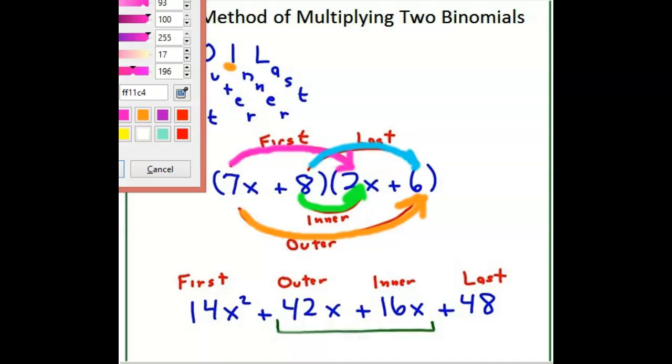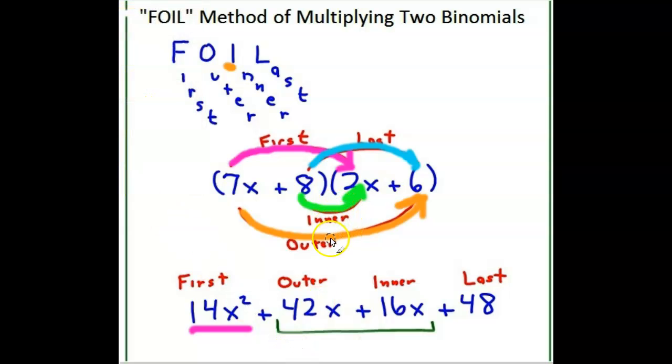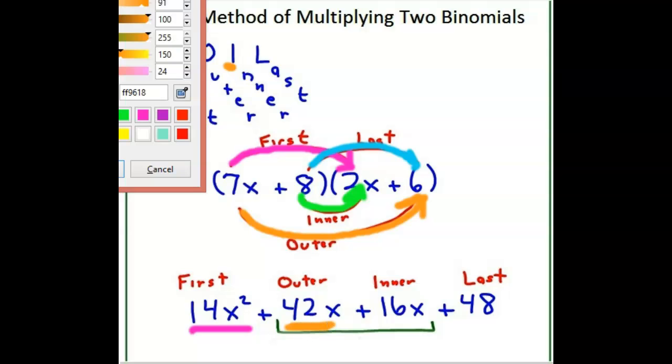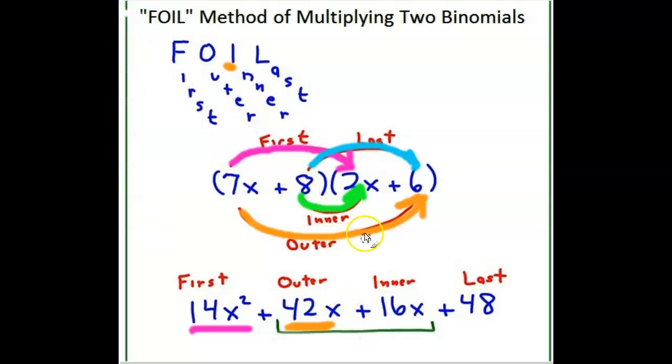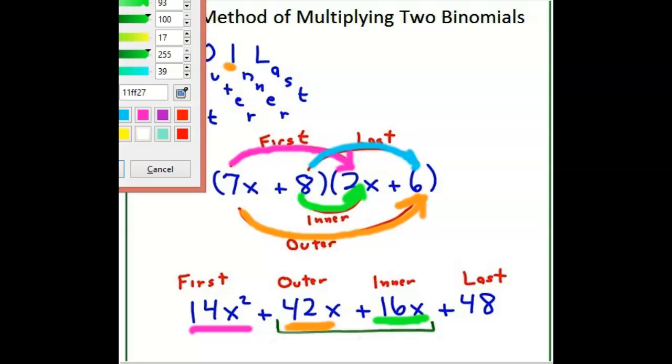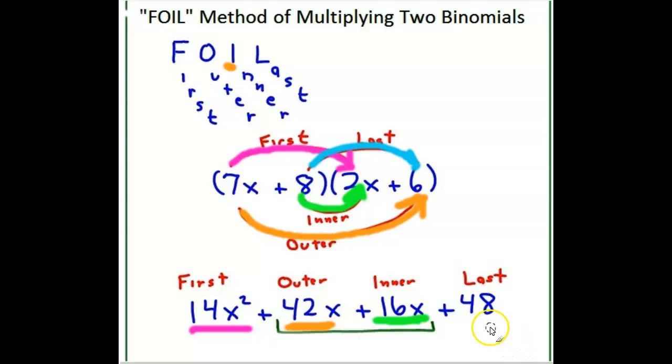Over here, I'm going to get 14x squared. And then outers over here, 42x. And then the 2 inners. And then the 2 lasts.